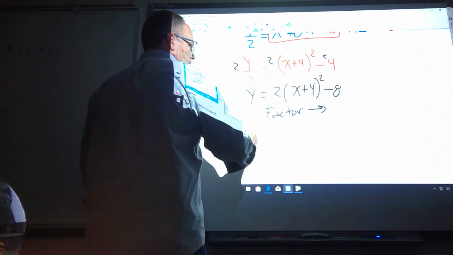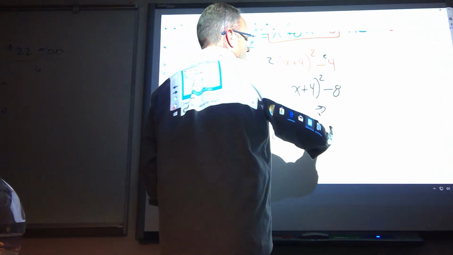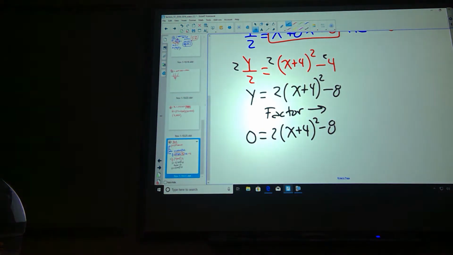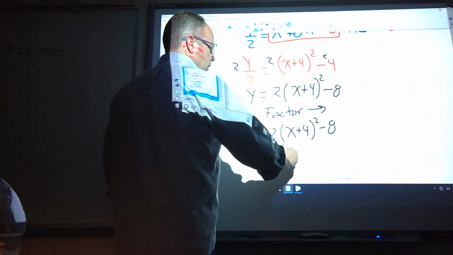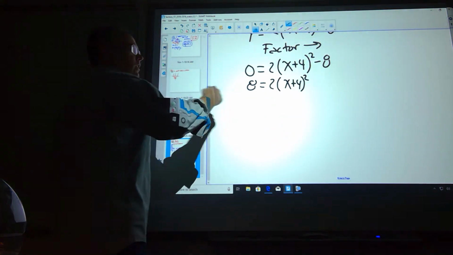This is why I actually think completing the square might be the best of all of them to solve. I don't like the quadratic formula because there are too many signs. Watch this. I want x by itself. All I did is I made y 0. So I'm going to add 8 to both sides. Is that okay? Divide by 2.